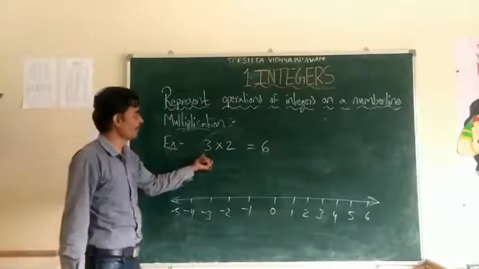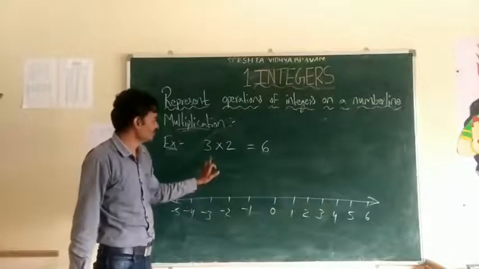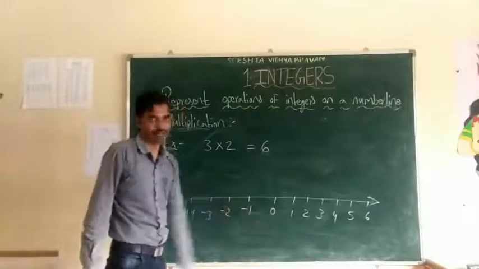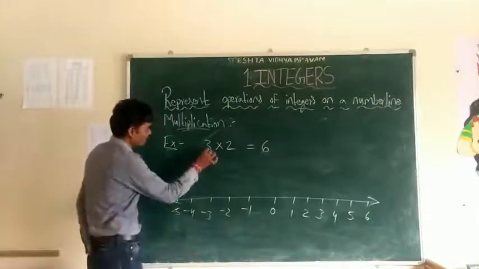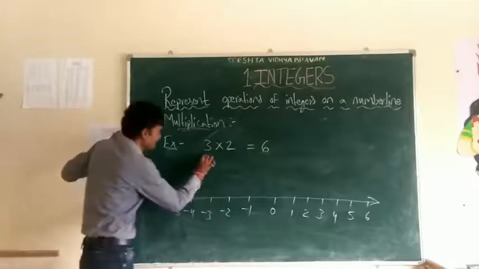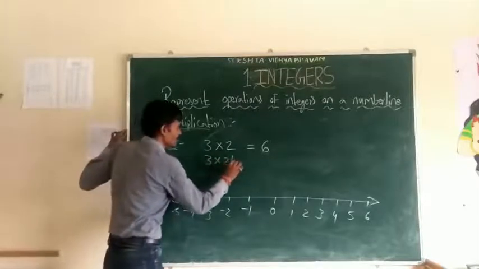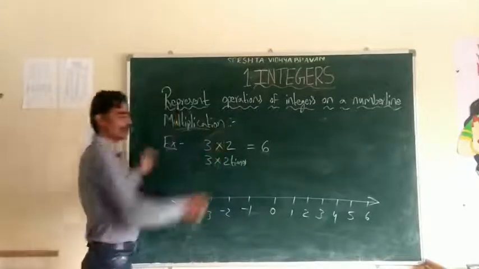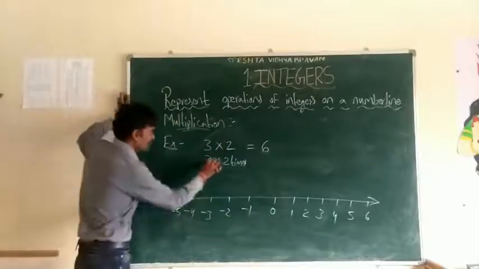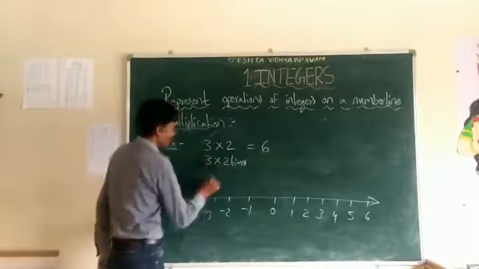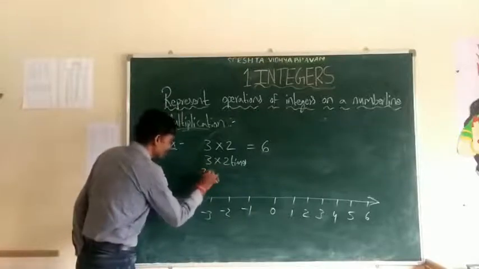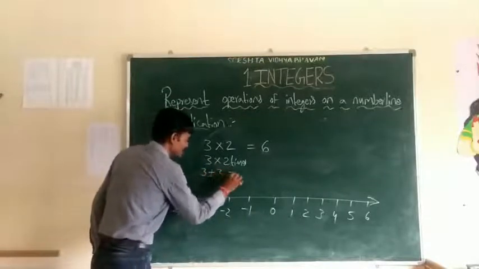In this, we do not multiply on the number line. Why? Because the multiplication of 3 and 2 means 3 taken 2 times, so we write it as addition: 3 plus 3 is equal to 6.